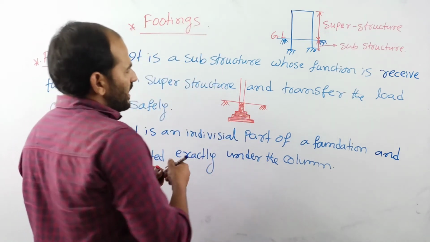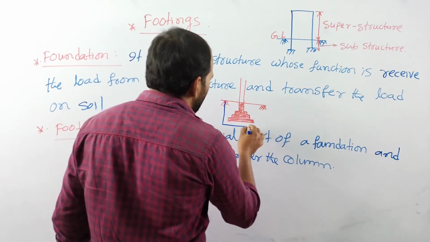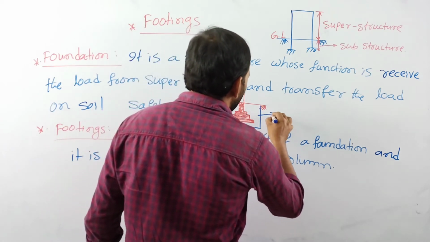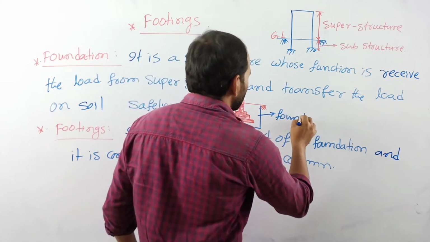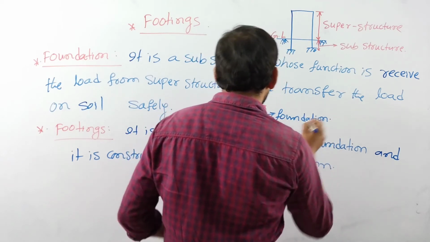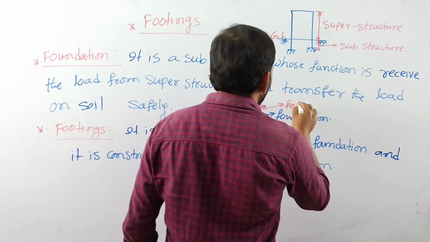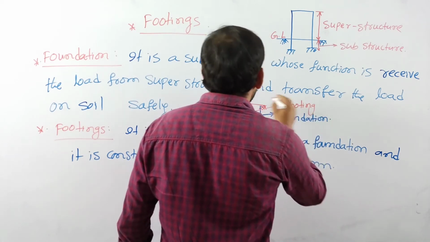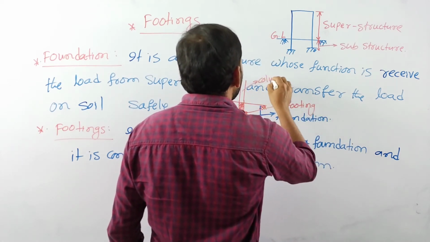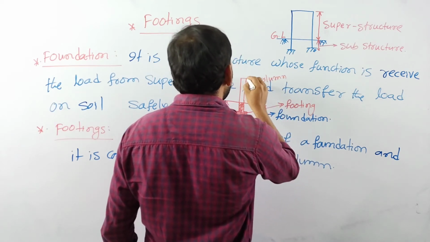But below the ground level, this trench is called the foundation. This is called foundation, and this spot is the footing, and this is the column, right?